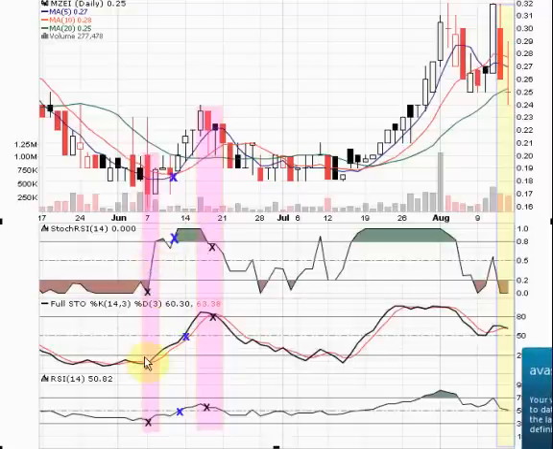Now, as you see, as this slope increases in both the full stow, which is your speed of change, and your RSI, which is your gain versus loss change, once it crosses the 50% line, this is basically telling you you can buy the stock. Crossing the 50% line, you're in the positive.